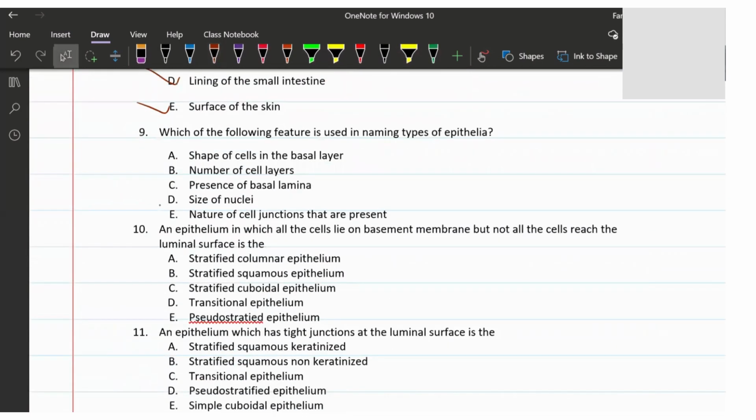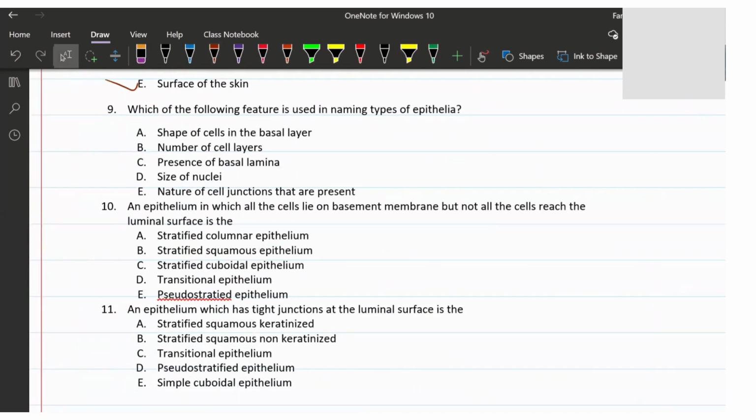So which of the following features is used in naming the type of epithelia? So again, this comes under the heading of classification. Shape of cells in the basal layer? No. Number of cell layers? Of course, we use this feature in naming types of epithelia. Presence of basal lamina?